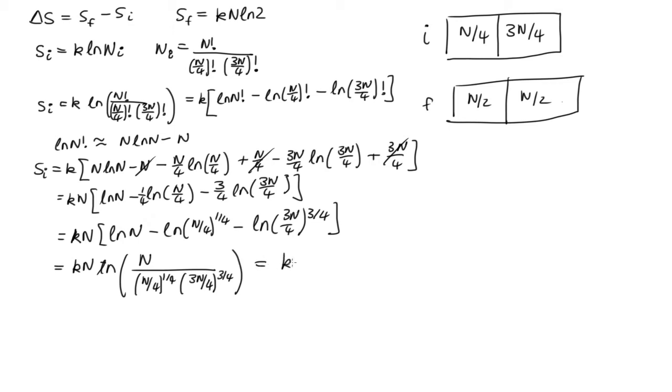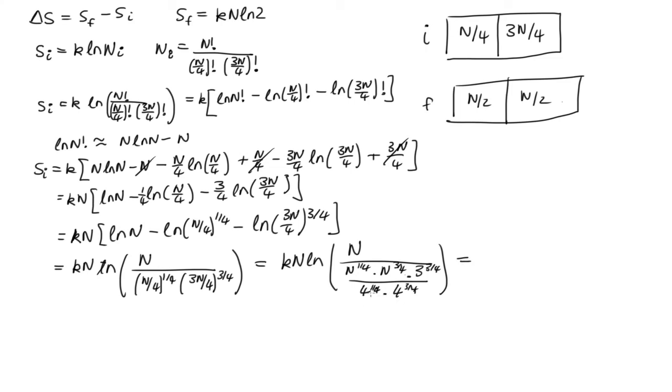Now at the top we've just got n. Here we've got n to the 1/4 times n to the 3/4 times 3 to the 3/4 over 4 to the 1/4 times 4 to the 3/4.